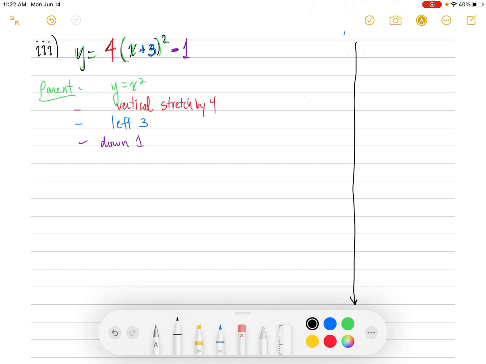Let's try this one more time. Let's go 1, 2, 3, 4, 5, 6, 7, 8, 9, 10, 11, 12, 13, 14, 15, 16.